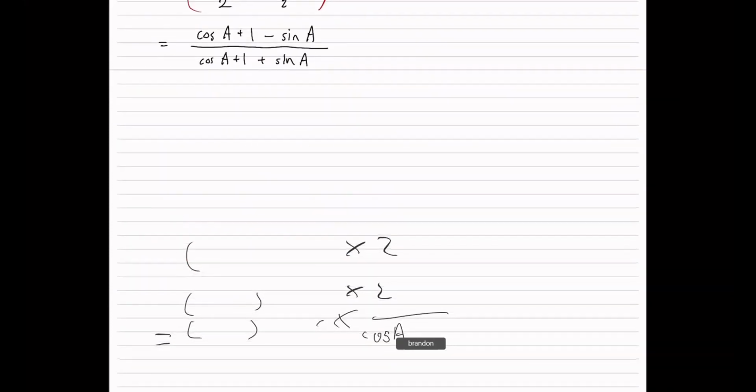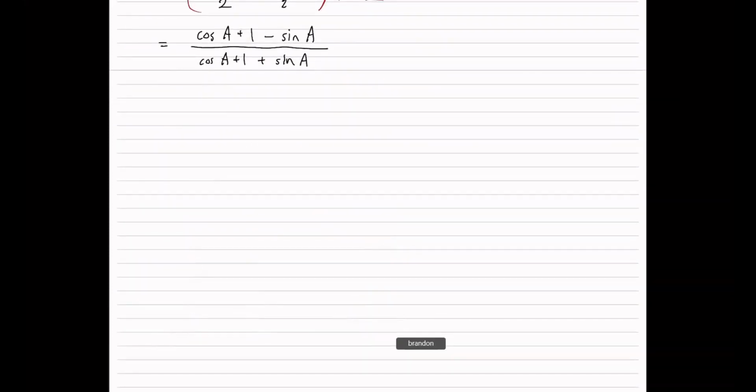Cosine A. Sorry. Yeah. Times conjugate. Cosine A plus 1. Minus, right? You want the conjugate of the denominator or numerator? Or plus? Minus, I guess.